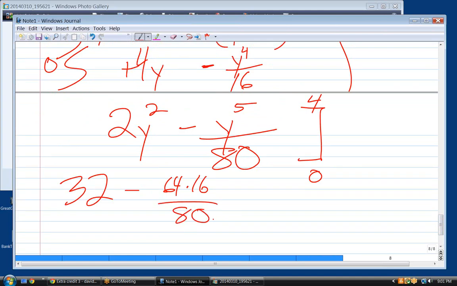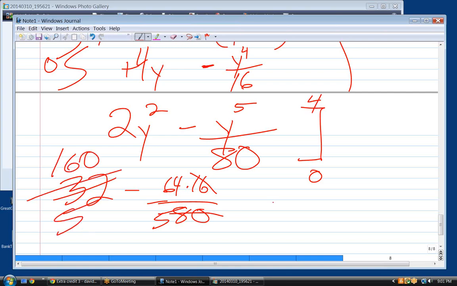Perfect. This is going to do it, because now that 16 becomes a 5. That's where I get my 5 in the denominator. This becomes 160 over 5. 160 minus 64 is 96 over 5 pi.